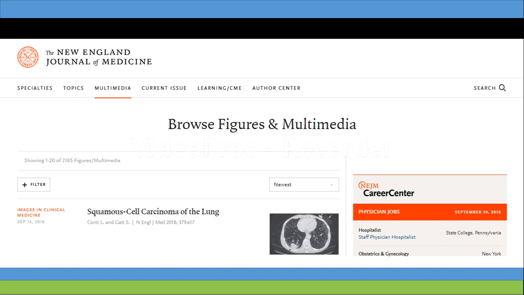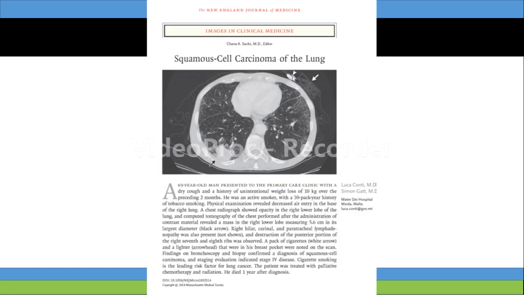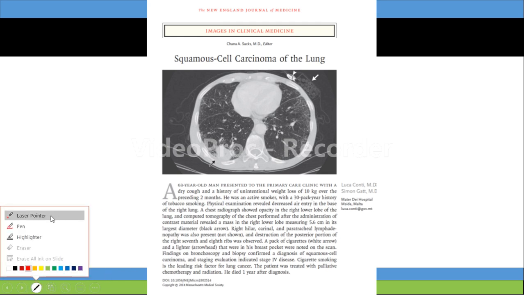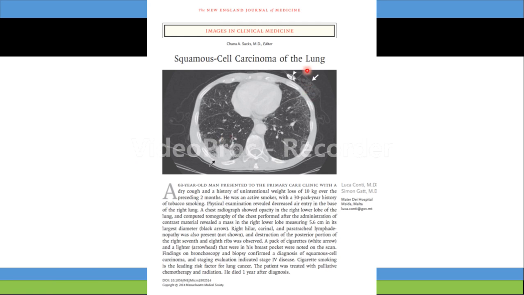This is the New England Journal of Medicine, which has so far published more than 2,000 figures and multimedia in these visual vignettes. I'll give you one example quickly. This is a squamous cell carcinoma of the lung. Look at the right upper corner.